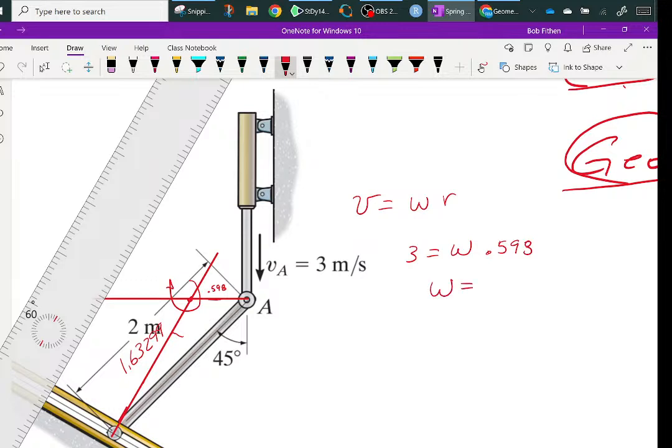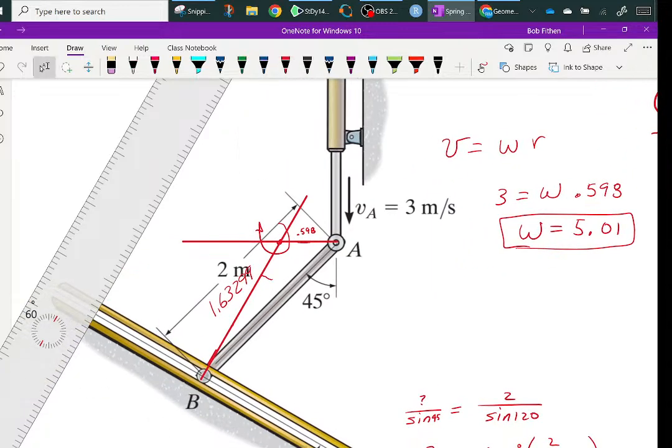So omega is about 3 divided by 0.598. Omega is about 5.01. Let's just see what would happen if I did 3 divided by 0.597. Yeah, let's just stick with it being about like that.